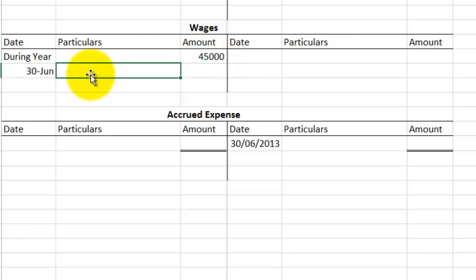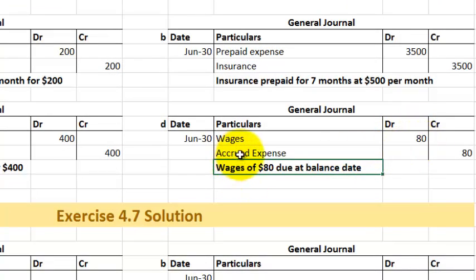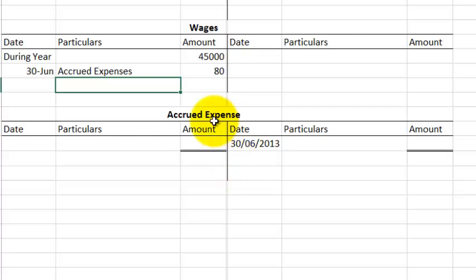For our purposes, wages, we had some extra owing, so we've got to put that in there for $80. So that's our debit entry. Alright, so we can tick that one off, and we've got this other accrued expense for $80. So simply what happens here on the credit side, we do that, $80.